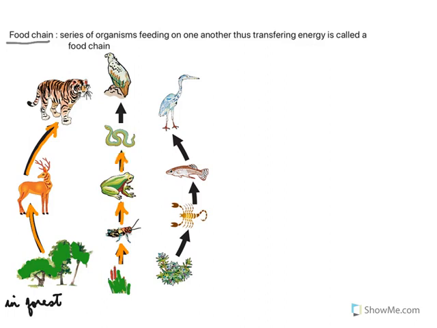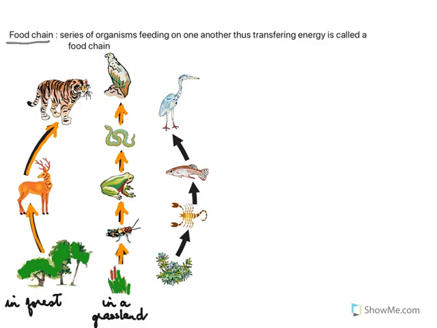The frog is now eaten by the snake, so the energy is transferred to the snake, and the snake is then eaten by a carnivore like an eagle or a vulture, and then the energy is transferred to the vulture. So this is another example of a food chain in a grassland.